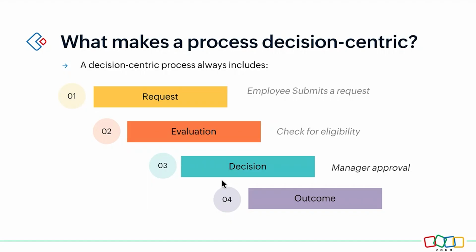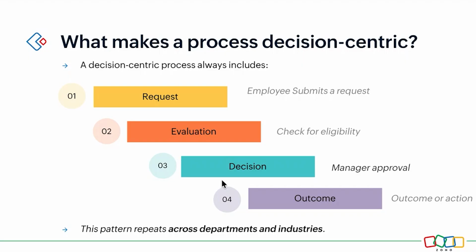Once the manager approves, it goes into the final outcome, where the necessary action is taken: I provide the asset to the employee. If the manager rejects it, I notify the employee about the reason for the rejection. So this process is common and repeated across different industries and departments.